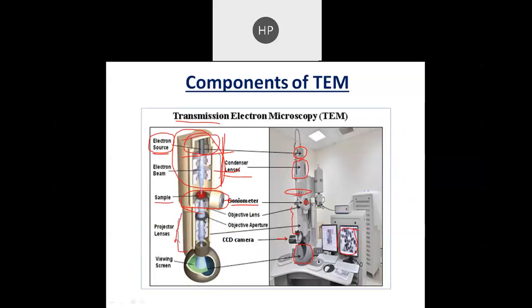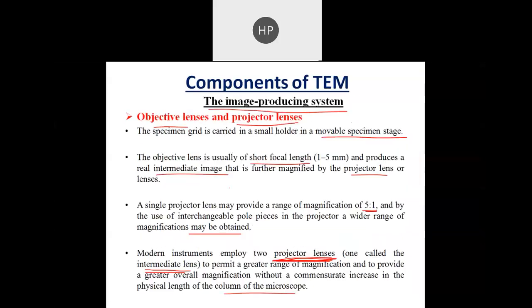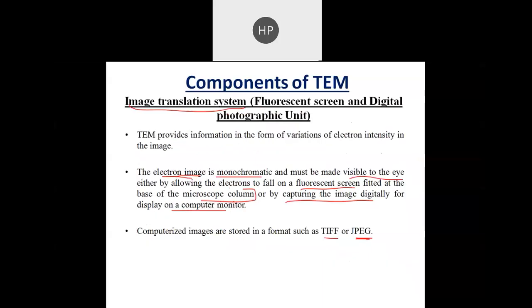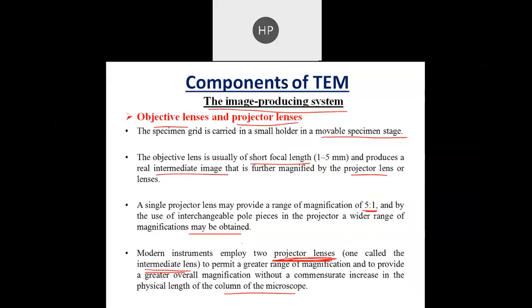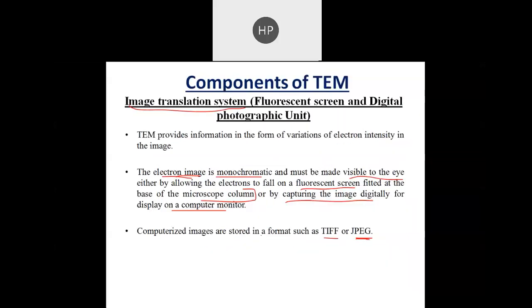Then this one is the image producing system, with all these objective and condenser lenses. And finally we have this one. All these are considered an image translation system. We have a fluorescent screen or a digital camera to get the image. So these are the components of the transmission electron microscope.